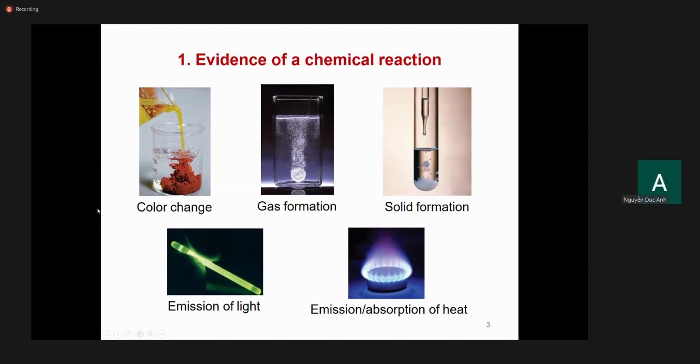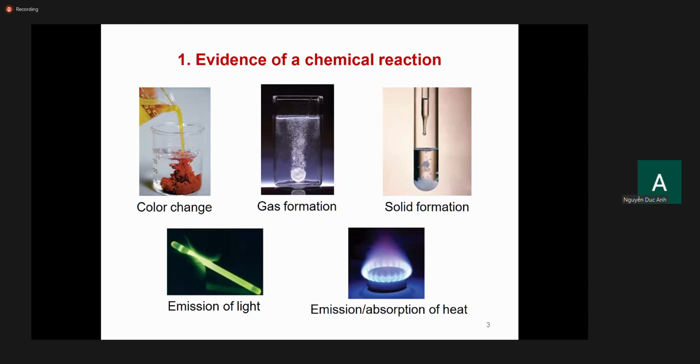Another kind of evidence is gas formation. Of course, gas formation means you need to generate a molecule that cannot be dissolved in the solution, and it will go out from the solution as a bubble, and by that way you will see the gas formation.